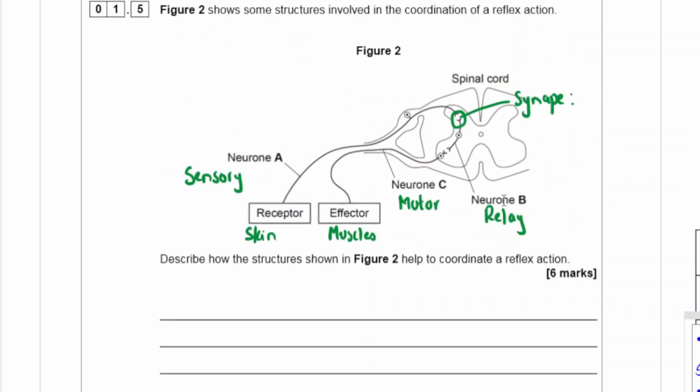So how is it actually happening? I'll walk through. Let's start with the skin, the receptor. Let's say the hand is touching a hot surface. The receptors in the skin detect the stimulus, which is the hot surface, right? And that's connected to the sensory neuron, and the message travels through the sensory neuron to the spinal cord.